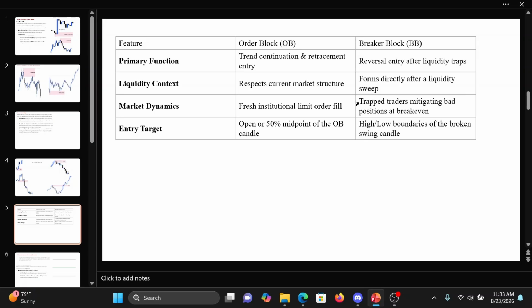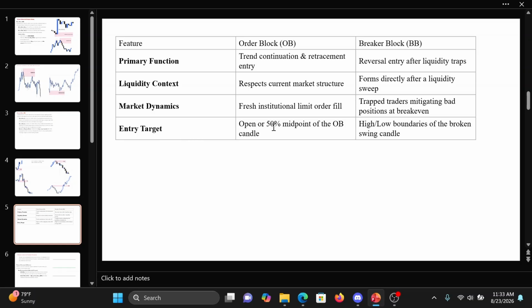But then for the breaker block, trapped traders are mitigating a bad position at break even. So this is for trapping, while this is for institutional fill. Breaker block traps people, it offers people a false order block, then turns into a breaker block.